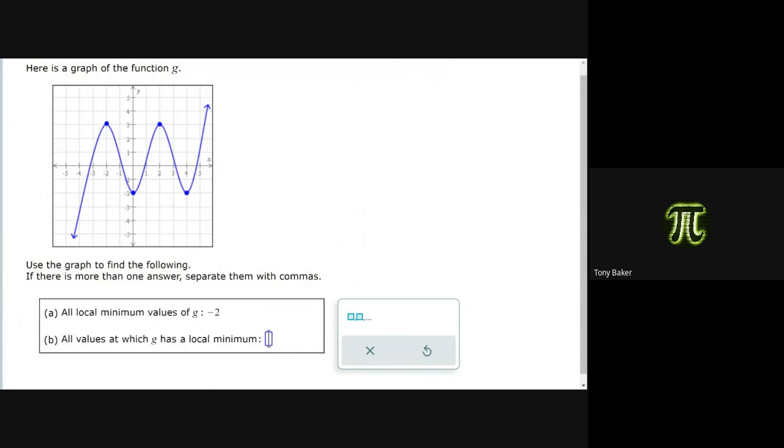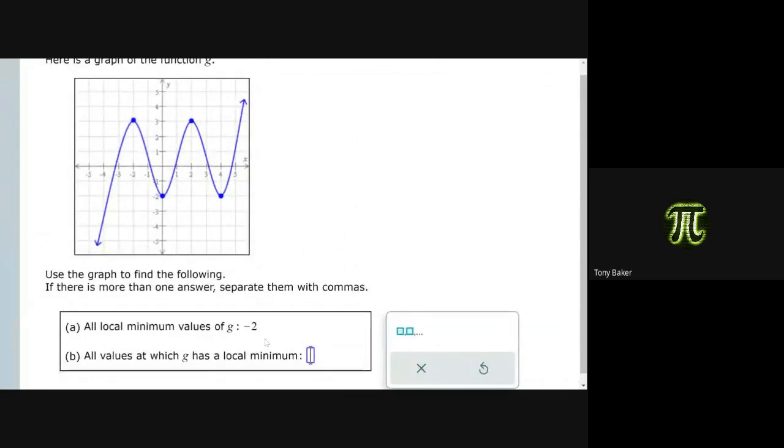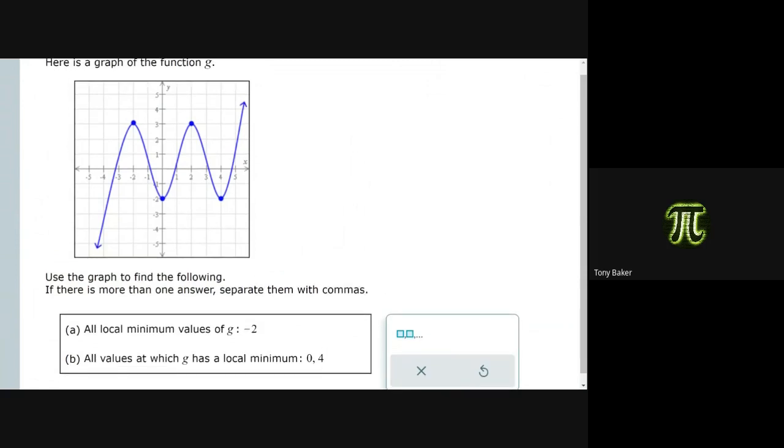Where it says values at which G has a local minimum, that's looking for the x values. So where does that value exist? 0 and 4. Just put a comma between them.